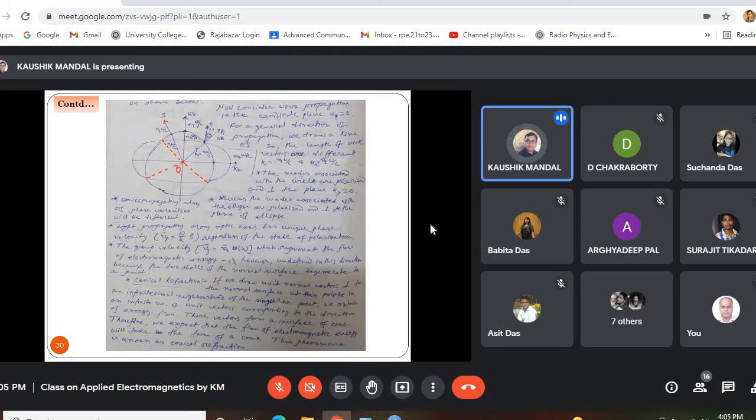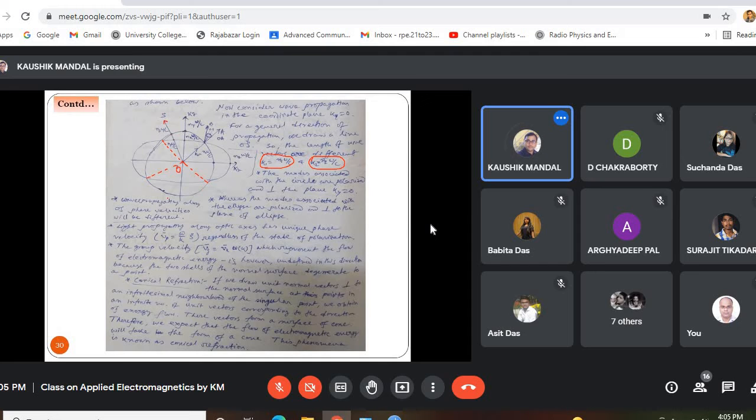So at this point, what should be the k value? Say for the ellipsoid it is k1, for the spherical it is k2. So k1 will be equal to n1 omega by c, and what will be k2? k2 will be equal to n2 omega by c.